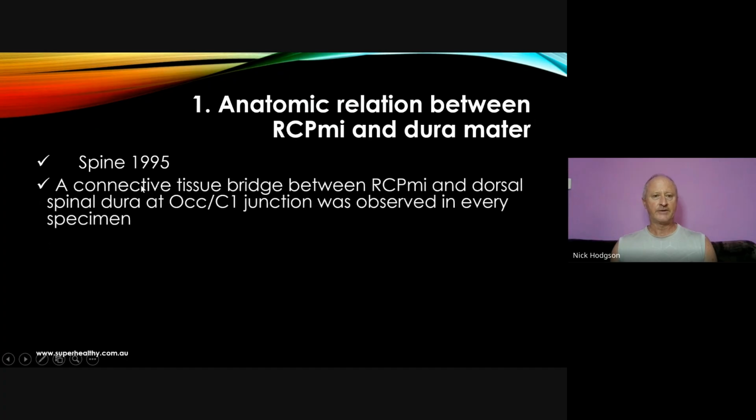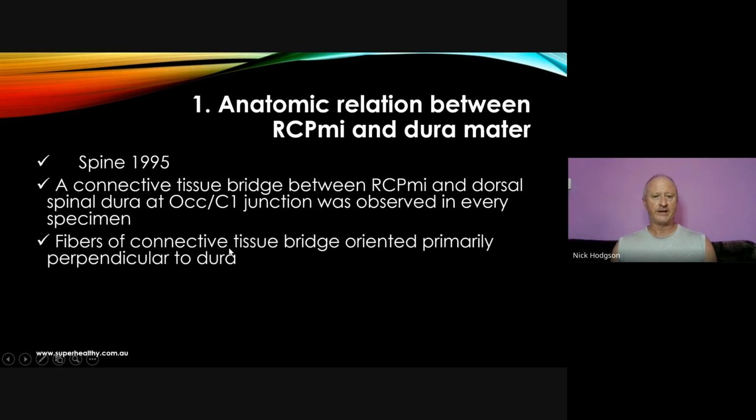Connective tissue bridge between the rectus capitis posterior minor and the dorsal spinal dura at the occiput C1 junction was observed in every specimen. So in the early days, some people suggested that these were maybe adhesions or abnormal tissues or anomalies, but as we'll see, they're actually part of the normal anatomy.